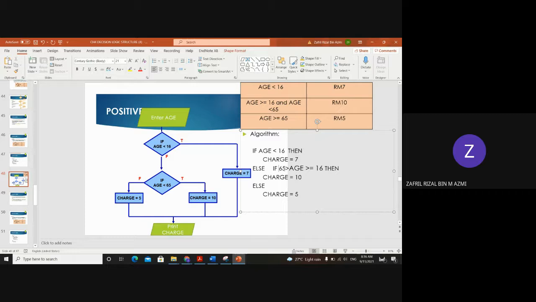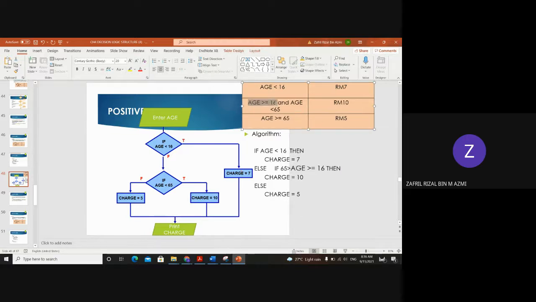Make sure it is a correct expression, one that is understandable by the computer, something like this. This is the first expression, a single expression. And this symbol is AND, meaning both expressions must be true to make the decision output true. If one expression, on the left side or right side, is wrong, this condition is going to be false.